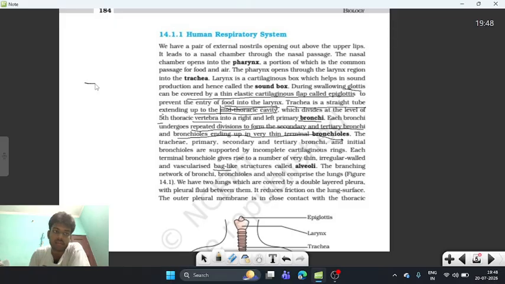Terminal bronchioles lead to these bag-like structures, which are called alveoli. This is not R, this is V and E. Alveoli.